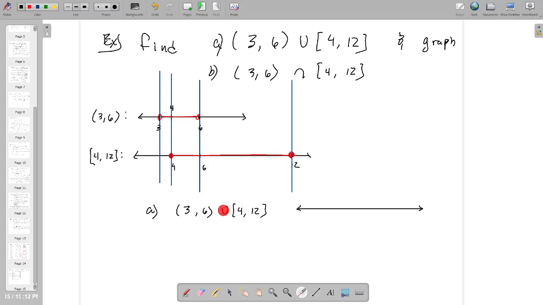So when we do a union, we're shading everything that is in at least one of the sets. So wherever there's a red line, that's where we're going to shade. So we start at 3 because that's where the set starts with an open circle, and we end at 12 with a closed circle.